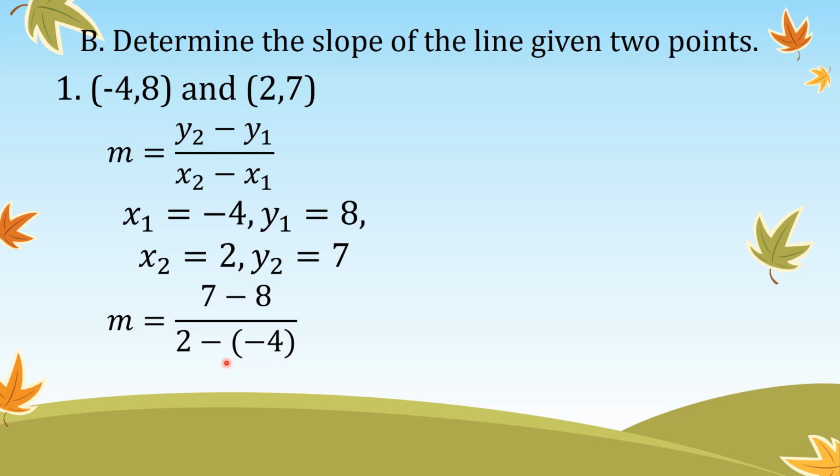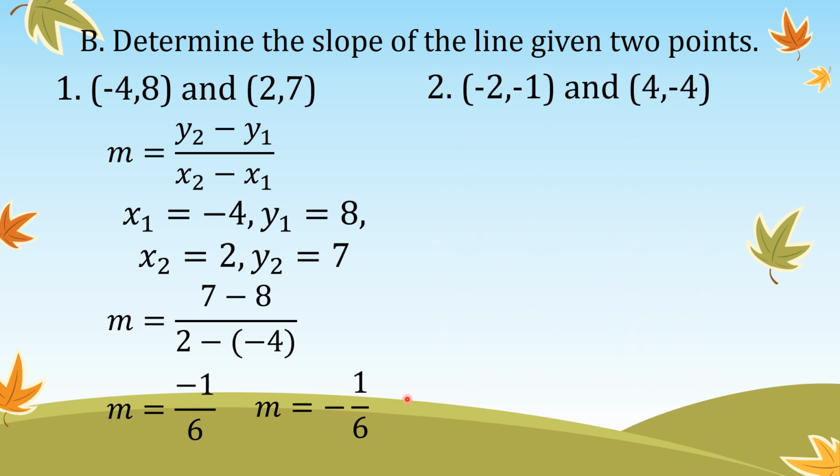So, using the rule for subtraction of integers, so 7 minus 8 is -1, and 2 minus -4 is 6. And -1 over 6 is equal to -1 over 6. Kaya ang slope natin ay m is equal to -1 over 6.